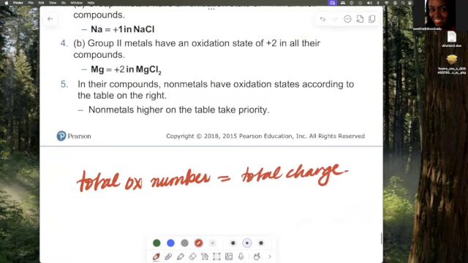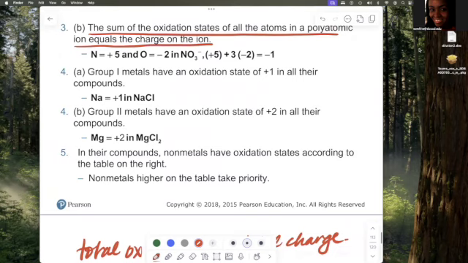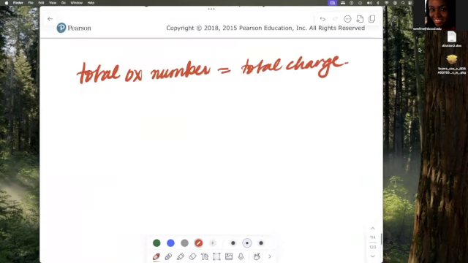So our example here is nitrate, NO3 minus. This formula here has a total charge of -1.